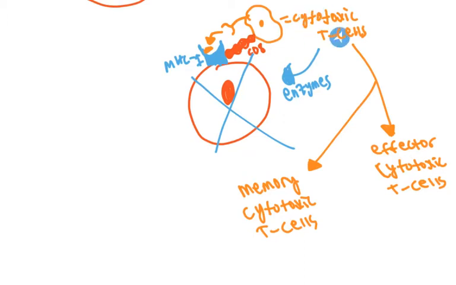Once it becomes activated through the binding of the CD8 glycoprotein and the cytotoxic T cell receptor onto the complementary antigen, whether a viral antigen or a cancerous antigen, the cytotoxic T cell can lyse the cell and create effector cytotoxic T cells specific to this antigen, and memory cytotoxic T cells in case we see this specific antigen again in the future.